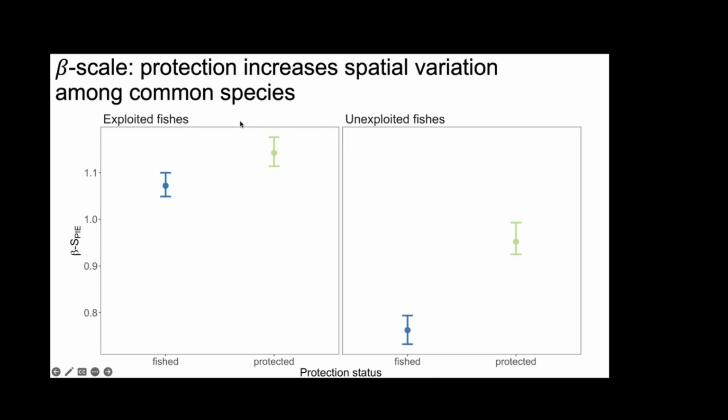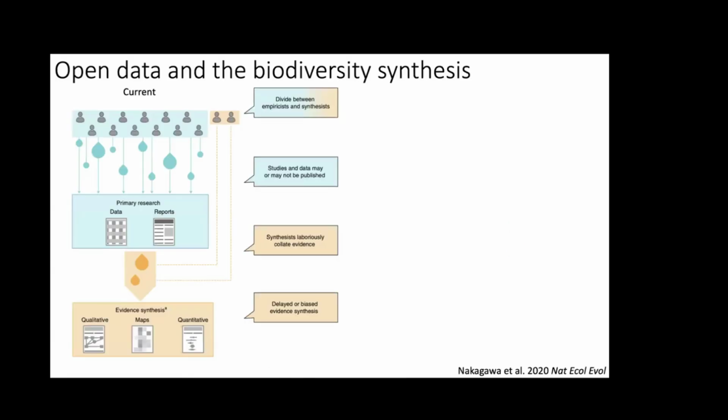And it really suggests that for the exploited species, we have more even communities leading to this spatial variation in the species that we find in the protected areas, and that's true for both the exploited species and the unexploited species. But again, maybe we can discuss that if that becomes something that you guys are interested in.